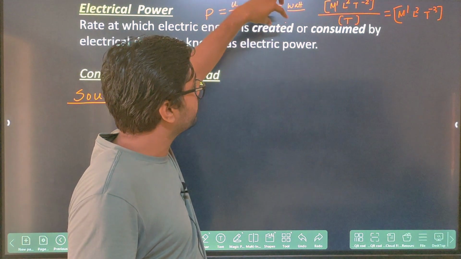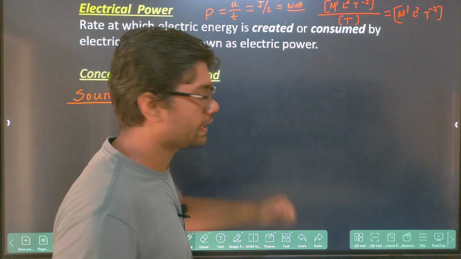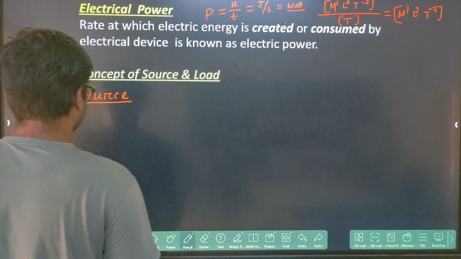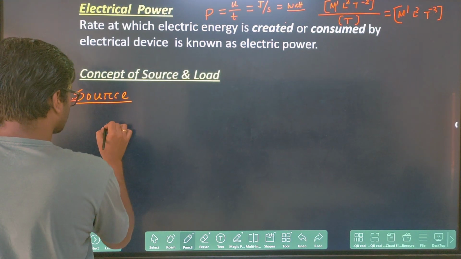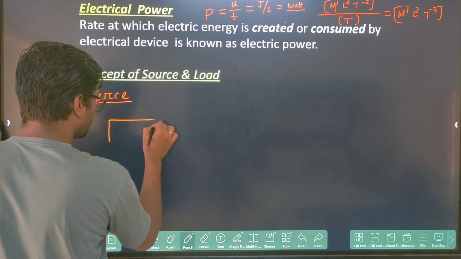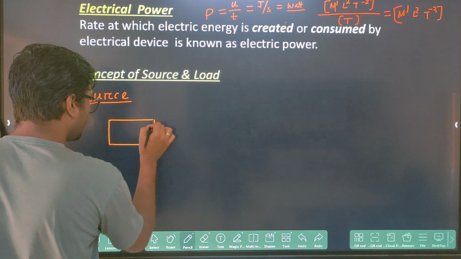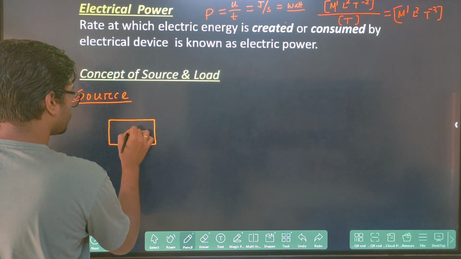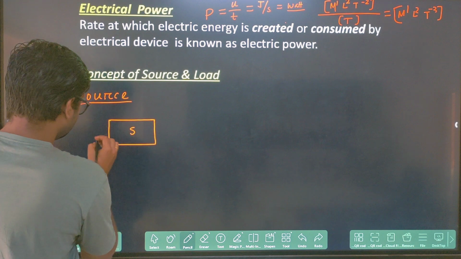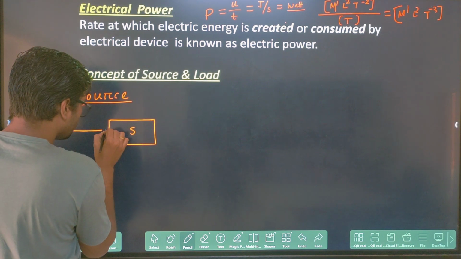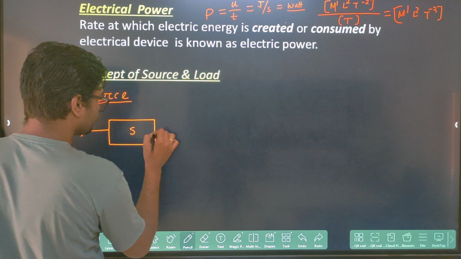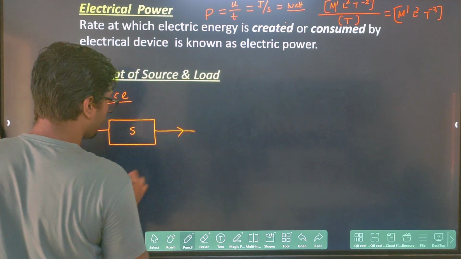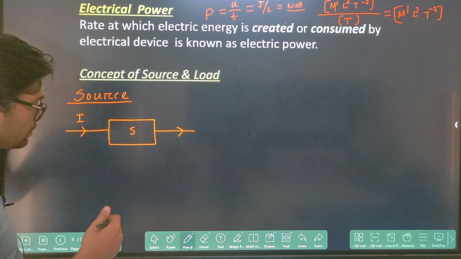Let's say this is a source. How it creates electrical energy, we will see. In this source, the current is flowing along this direction. How it generates the energy, just imagine.